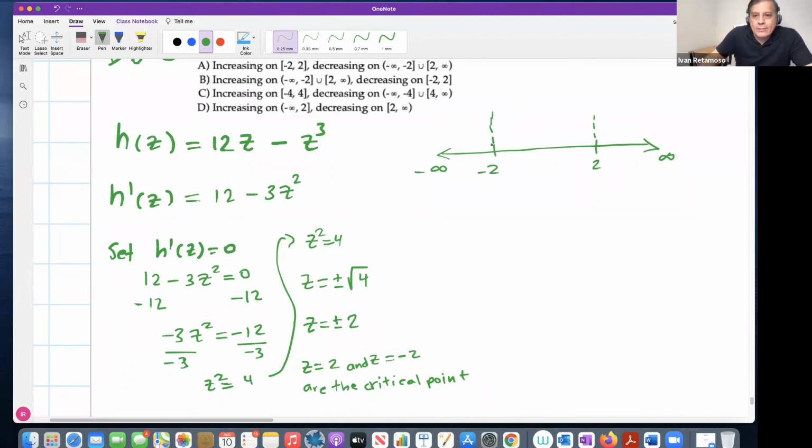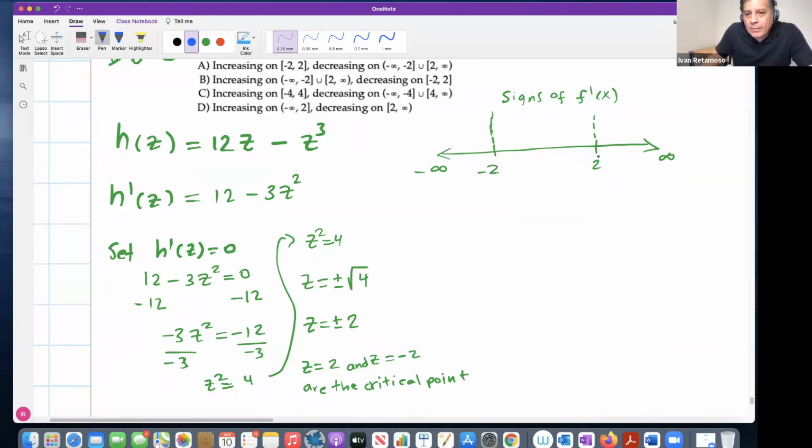Now, the trick is to figure out what the signs of the derivative are over these subintervals. You may start in any subinterval. I always choose the last one, this one on the right. If you start here and you want to figure out the sign over this subinterval, choose a test point.